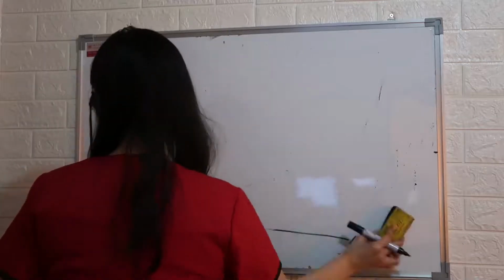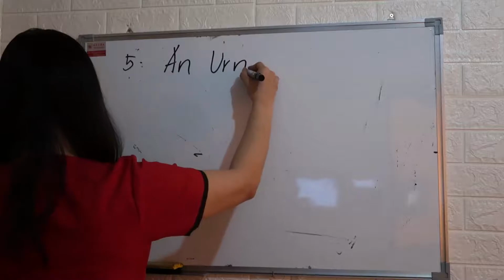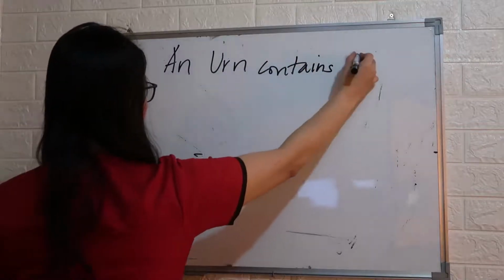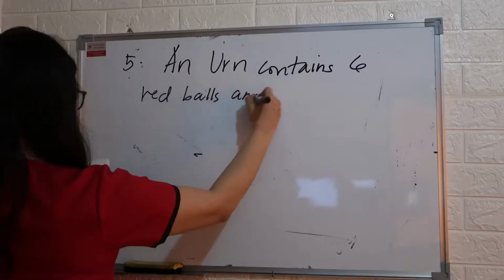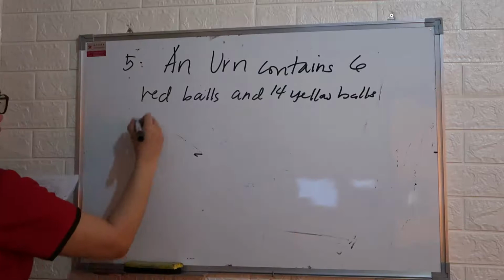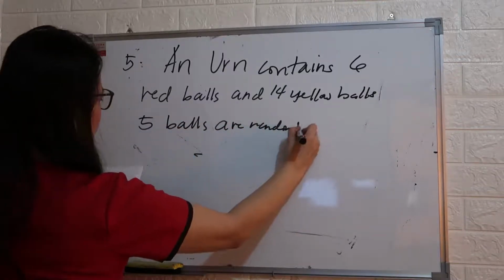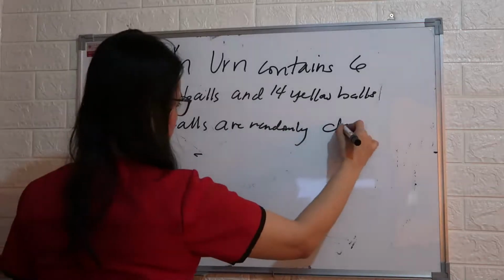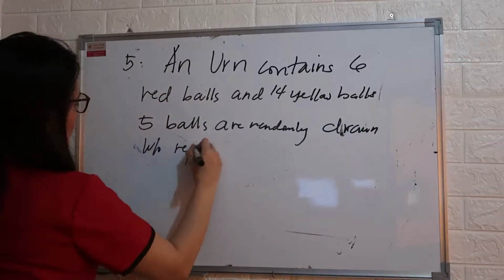Before we proceed to Poisson. An urn contains 6 red balls and 14 yellow balls. 5 balls are randomly drawn without replacement.